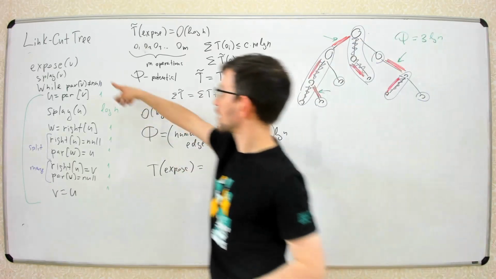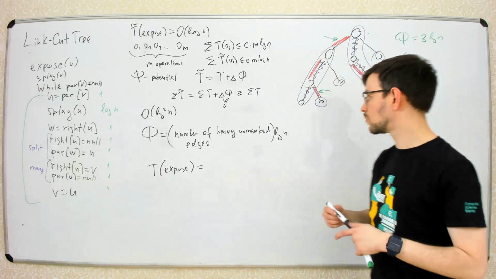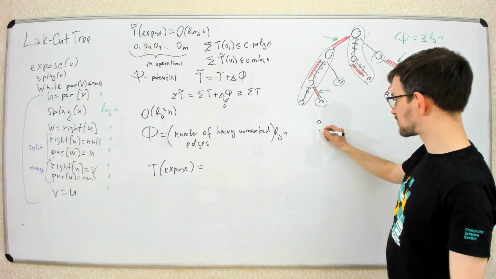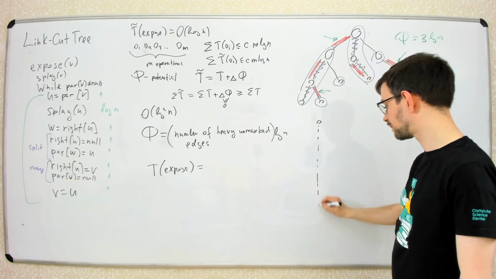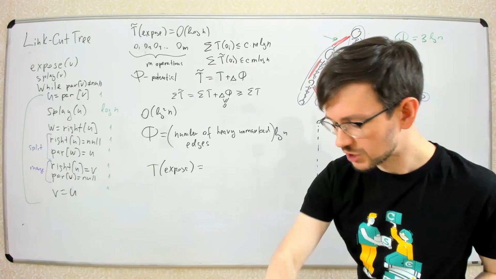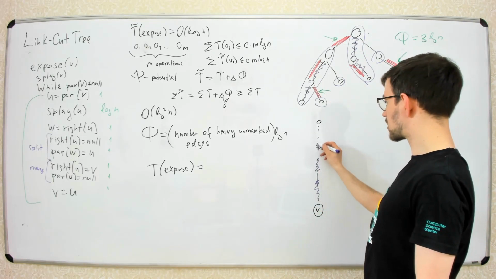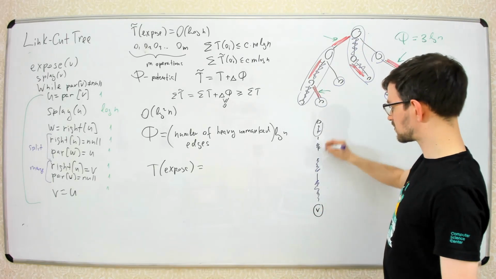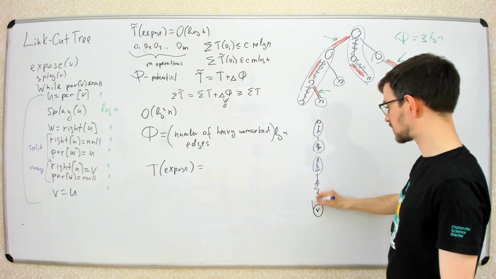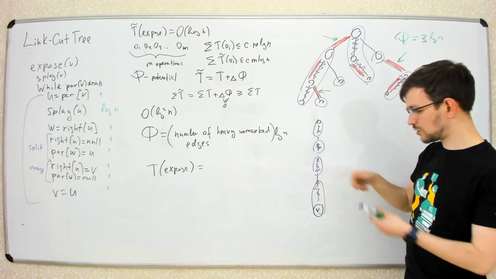So what is the total time complexity of this expose? It actually depends on the number of edges you need to mark. If you have this path from v to root, on this path some edges are marked, some edges are unmarked. So you have this part plus this part plus this part plus this part. The time complexity depends on the number of edges you need to mark.